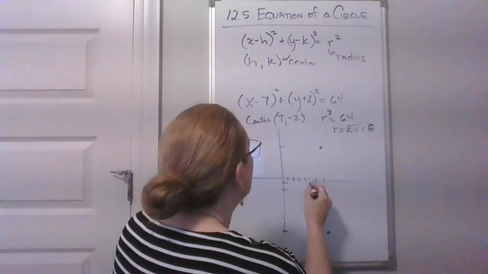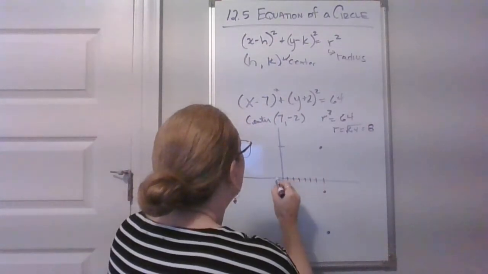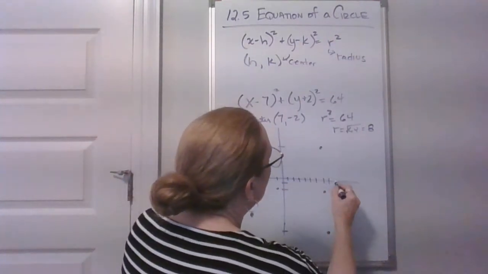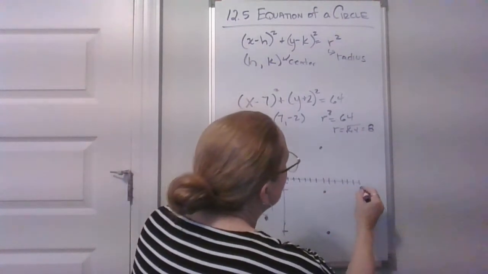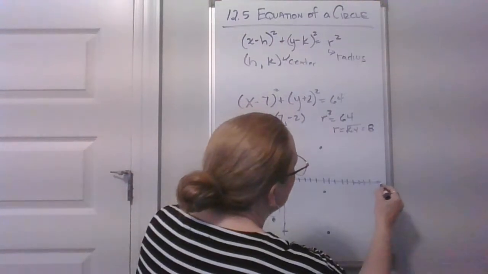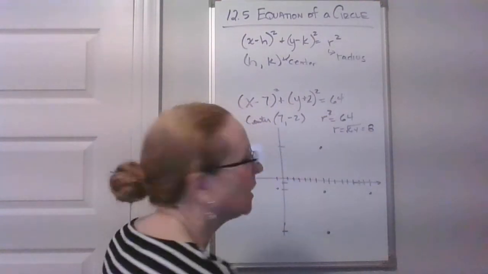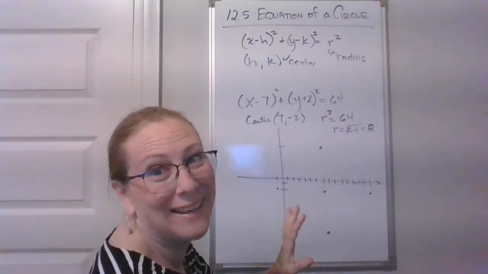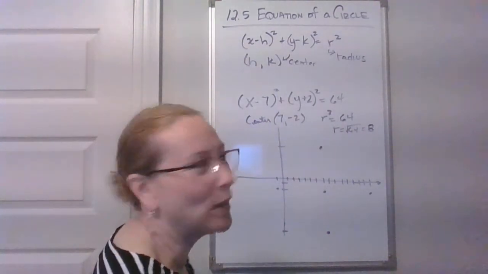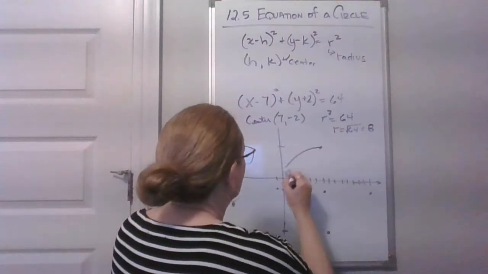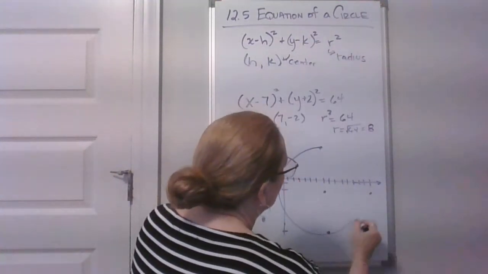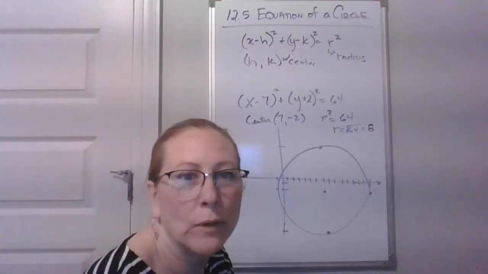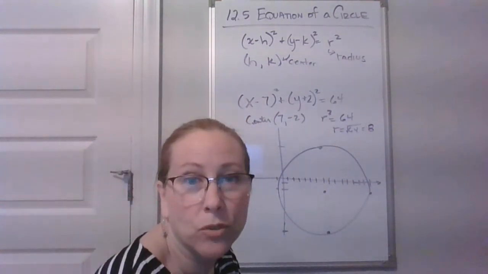And then 8 that direction, and 8 in this direction. So you can see all 4 of those points are relatively 8 blocks away. All right, not too bad. For a quick freehand, there would be our circle.